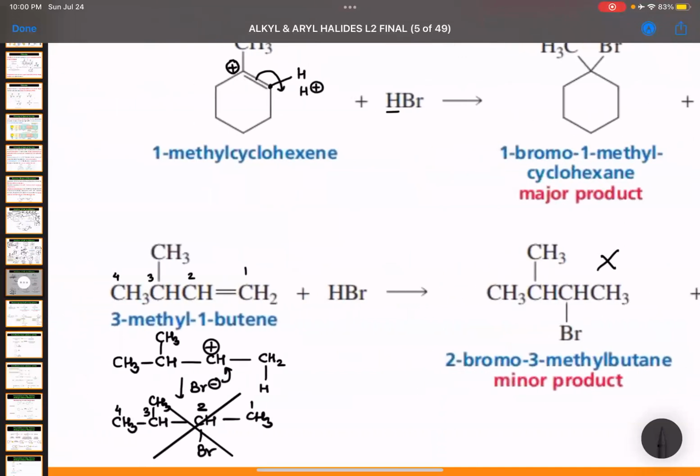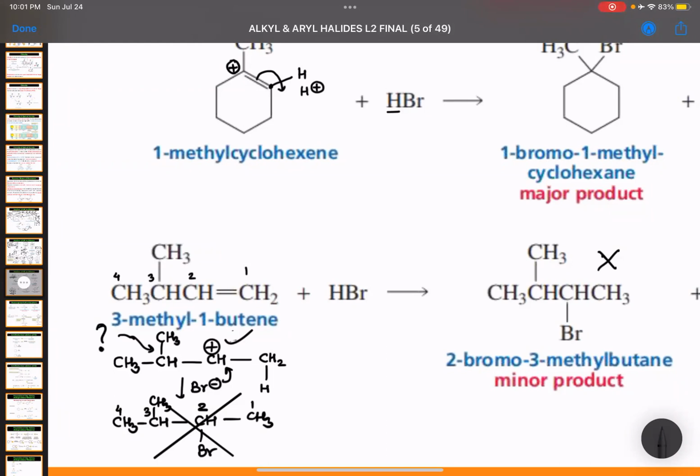The carbocation is there on the second carbon. How can the Br go and join itself to this? You need to put Br only to this carbon, but that is not the answer.